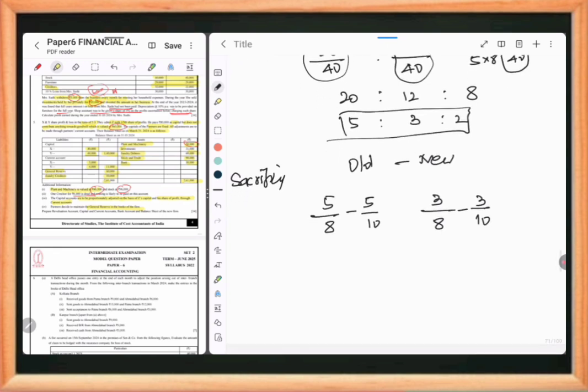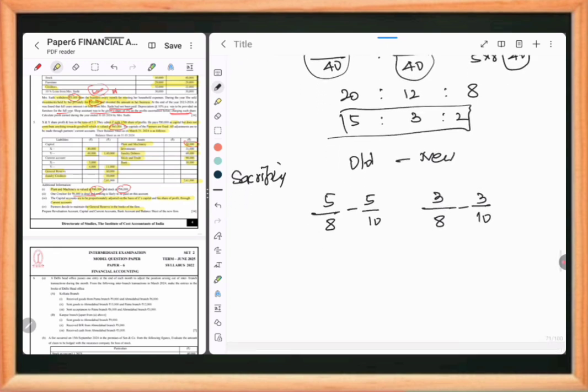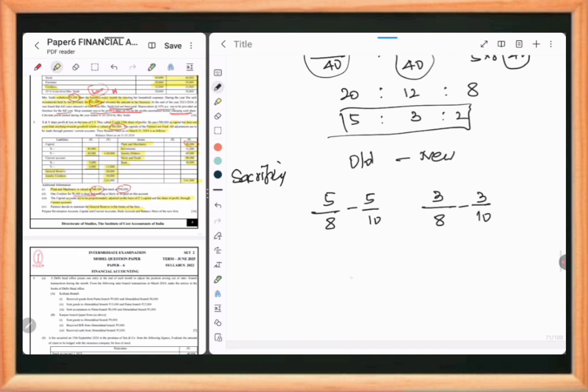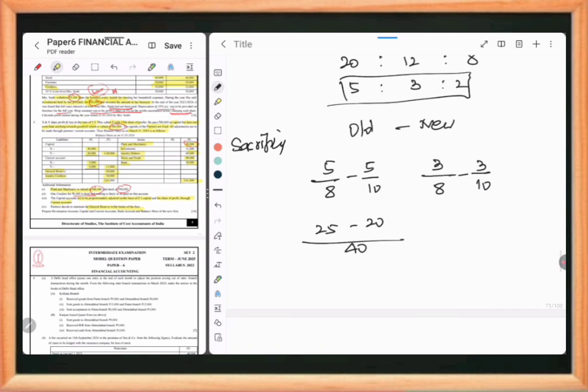So if we deduct, we will find out. We will take LCM 40. 8 out of 40, 5 times, 5 into 5, 25. 10 out of 40, that is 4 times, 4 into 5, 20. So 25 minus 20, that is 5/40.